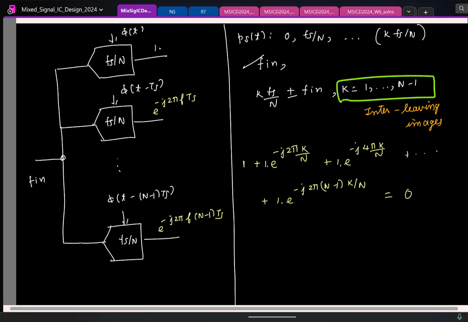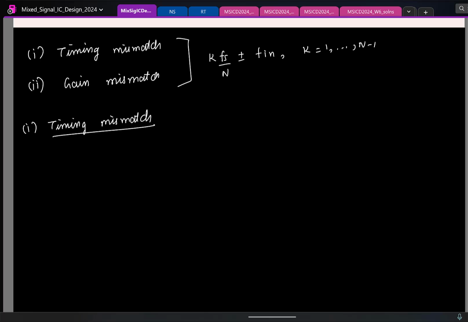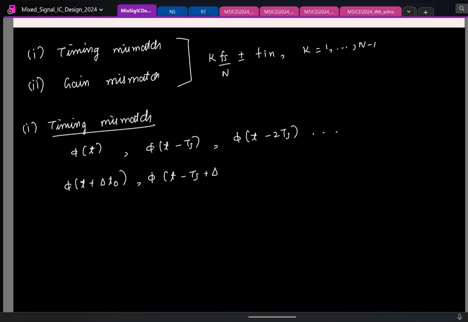So let us say I have n clocks. Ideally, I want phi of t minus ts, phi of t minus 2ts, and so on. Now in practice, let us say this is some phi of t plus some delta t0, phi of t minus ts plus delta t1, and so on.